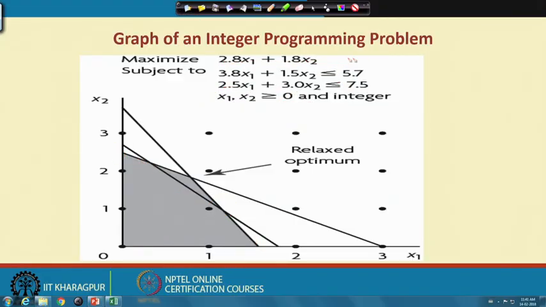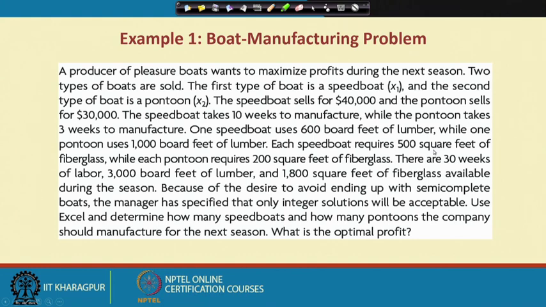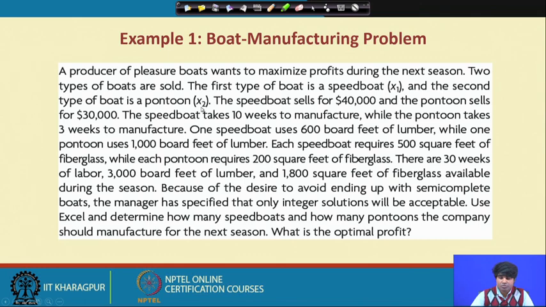So that is the procedure through which you move, and we would like to see what the structure is like. So this is the requirement. Another case is a bigger problem, as usual a business issue, and the entire business issue will be transformed into a model. Here there is a speed boat and another type of boat, called x 2, so it is a problem of 2 variables.